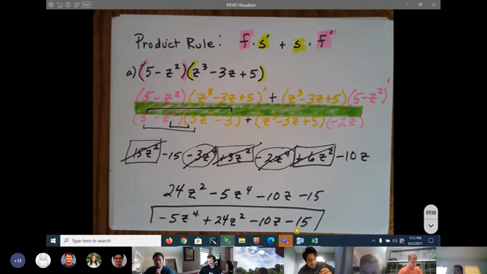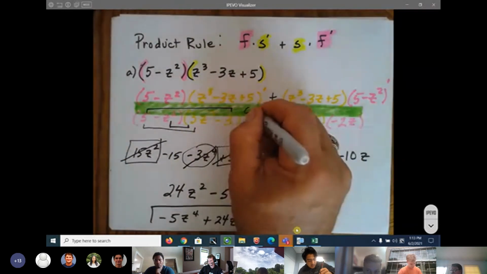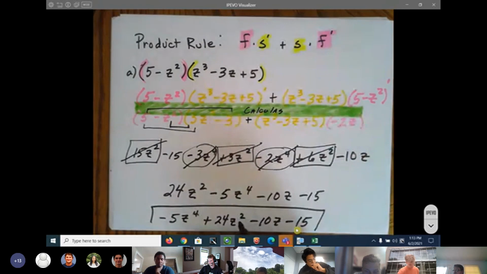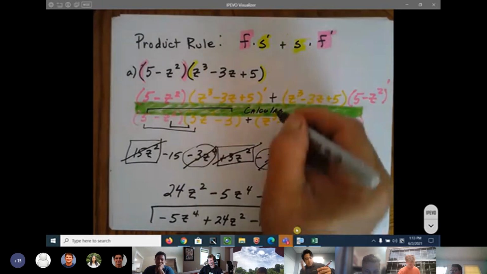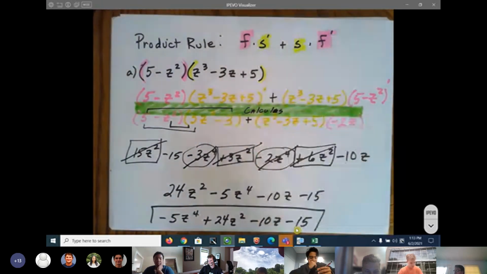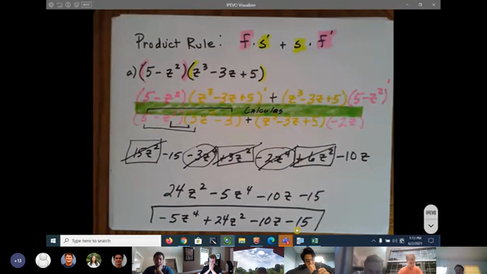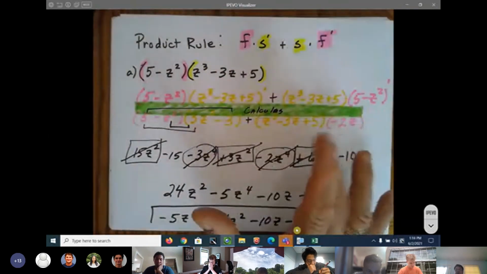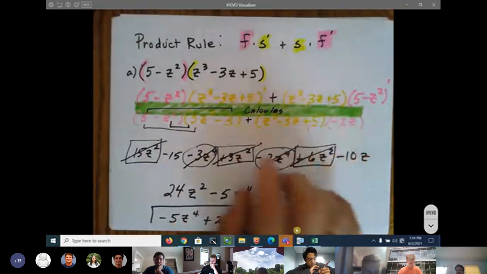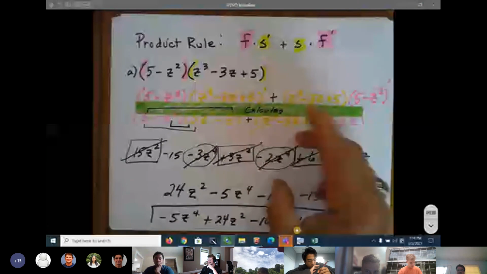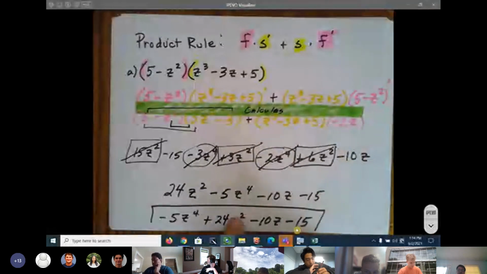The rest of it is what? Algebra. And that's supposed to be a U, isn't it? Calculus. Rest of it's algebra. Now do you see where students fail calculus? They don't fail calculus because it's a new subject. They fail calculus because they can't do this.